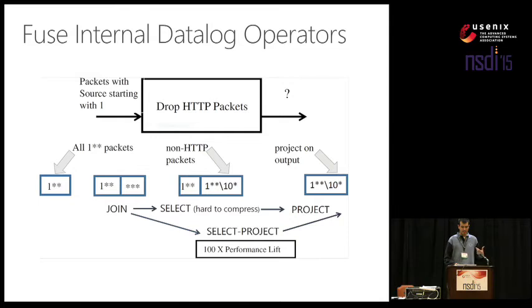The intermediate result from the select is not efficiently representable in this representation, so we go directly from the join to the project, using a fused operator. For those of you who know about program analysis, this is basically computing the strongest postcondition, or quantifier elimination. So this technique is also applicable to software verification.